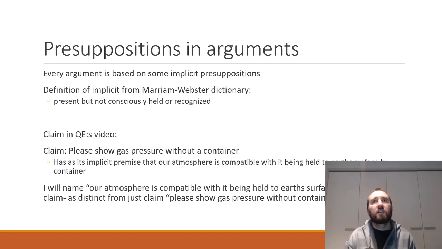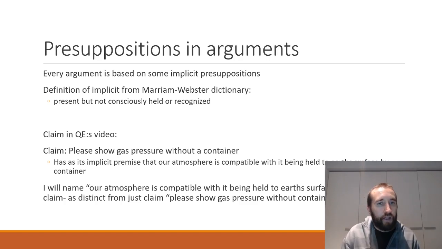So it's just something that the argument needs, but isn't said out loud or thought when the argument is made. And every possible argument is always based on something else. It's not just this particular argument, it's every argument.